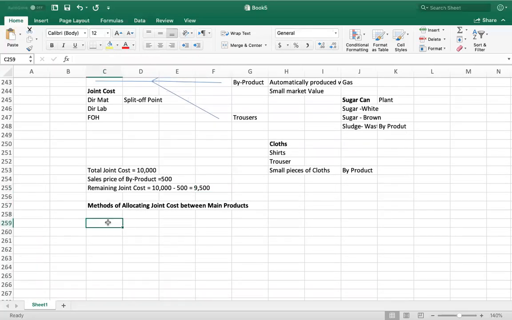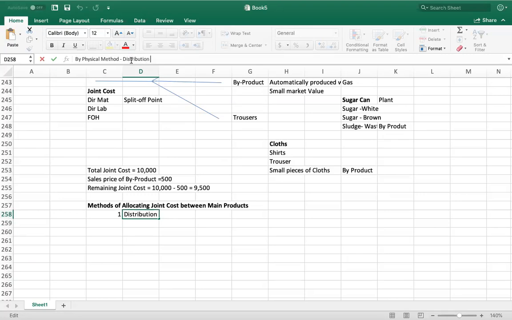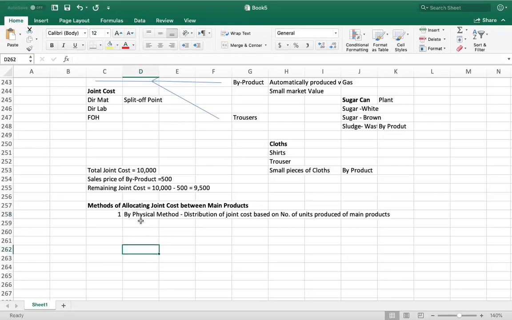Let me write the methods first. The first one is the physical method. Physical method means distribution of joint cost based on the number of units produced in the products.